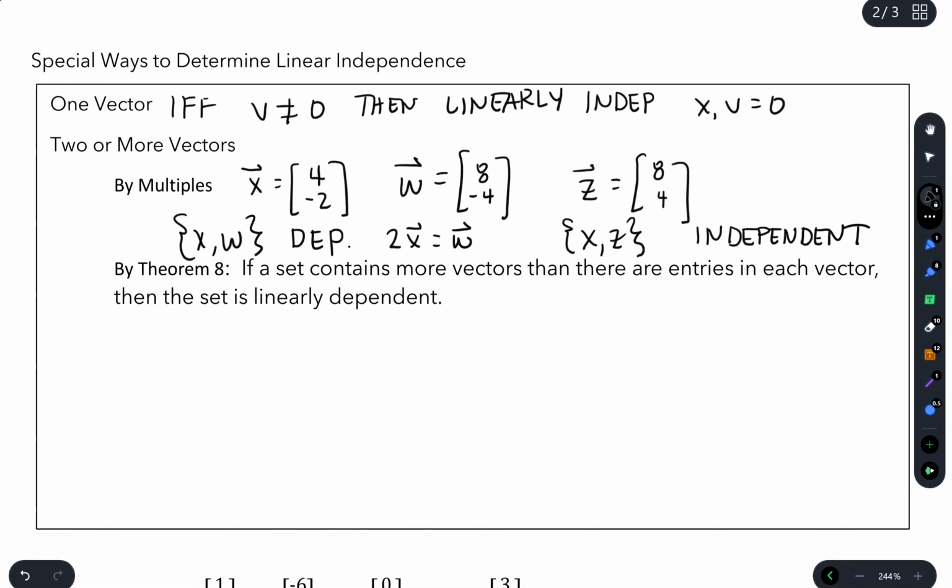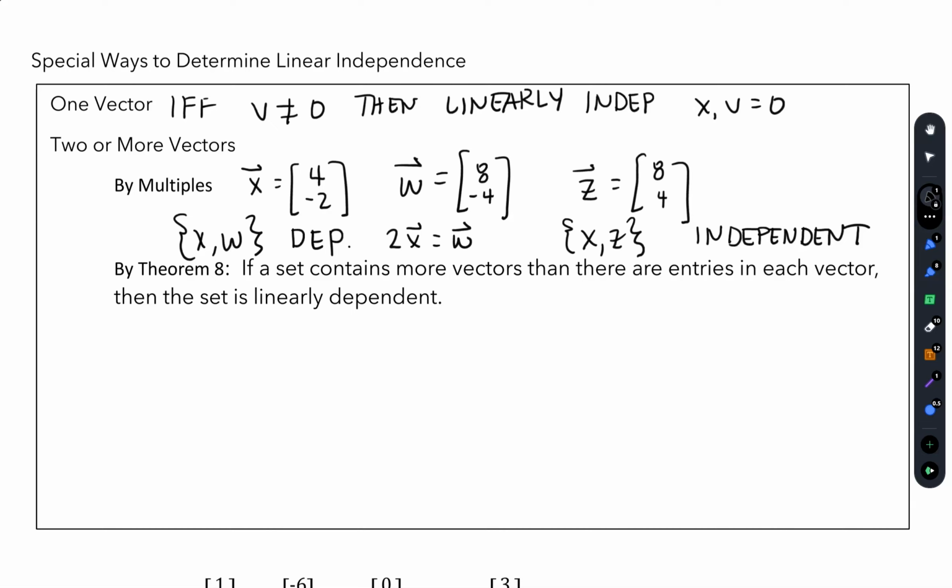Okay. All right, and then we can talk about using, if we've got more vectors, so if there's like 3 or more vectors in our set, we can use theorem 8 out of your book in this section. If a set contains more vectors than there are entries in each vector, then the set is linearly dependent.